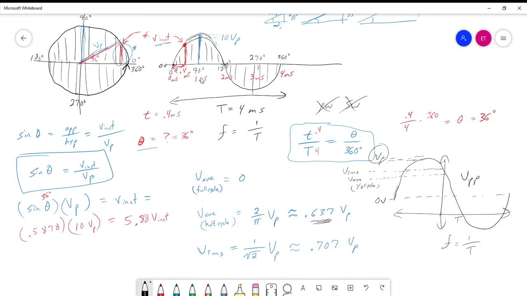Even just measuring time with scope cursors and converting it to phase angle like we did here. When we said we were looking at 0.4 milliseconds out of a 4 millisecond cycle time, the 36 degrees is the phase angle.